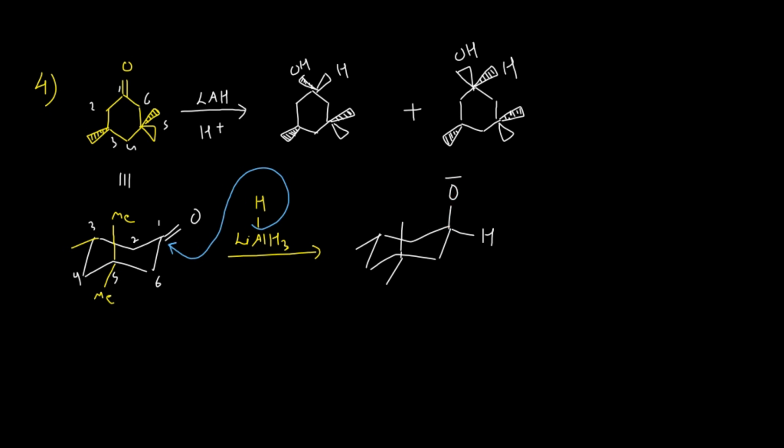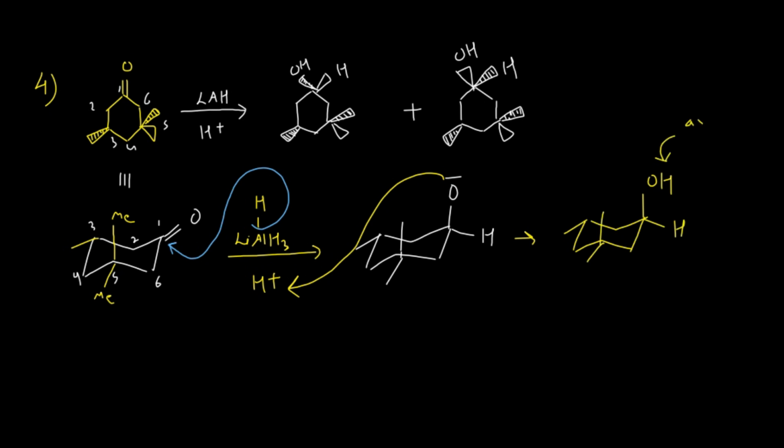If you do the protic workup, this will grab the proton, and then you will have this product. So now this alcohol is axial, and this is equatorial. The result is different for this particular reaction.